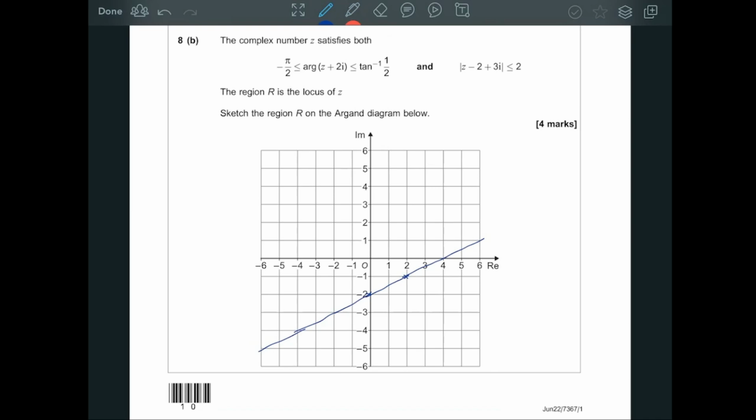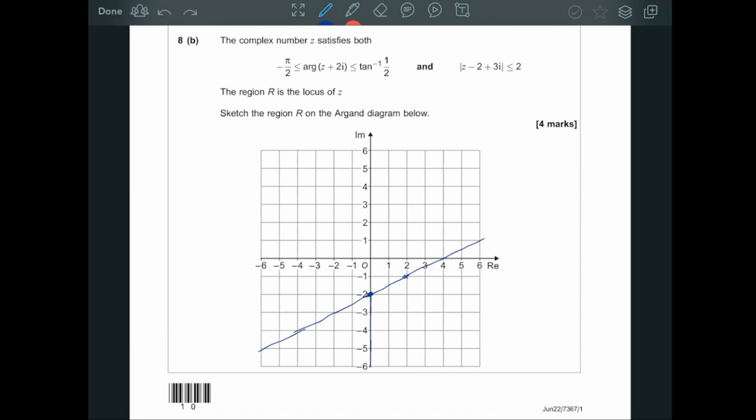The lower bound is negative pi by 2. So if I'm starting there, negative pi by 2 is straight downwards. So I definitely shouldn't be feathering that line too much. So my complex number z just from that condition is somewhere in this region.